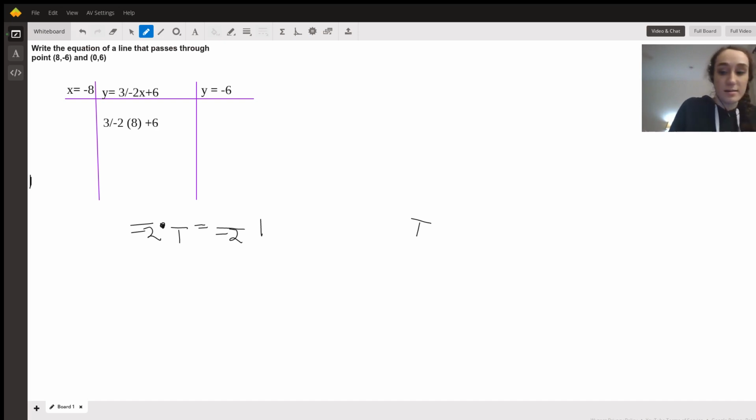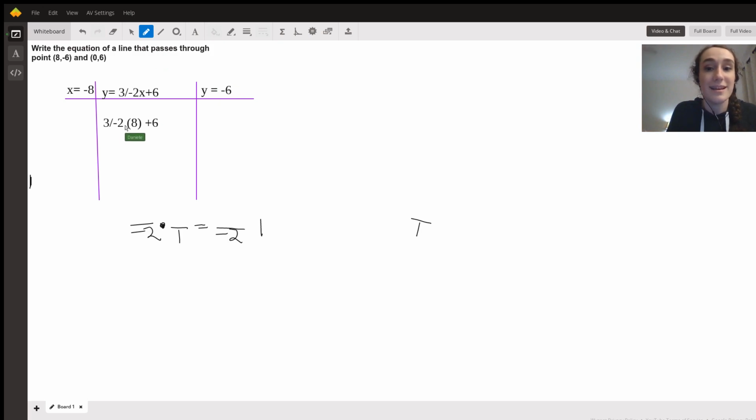I'm going to just double check on my own. I have 3 over negative 2 times 8 plus 6, and I get negative 6. I check that on my calculator just to double confirm and make sure.